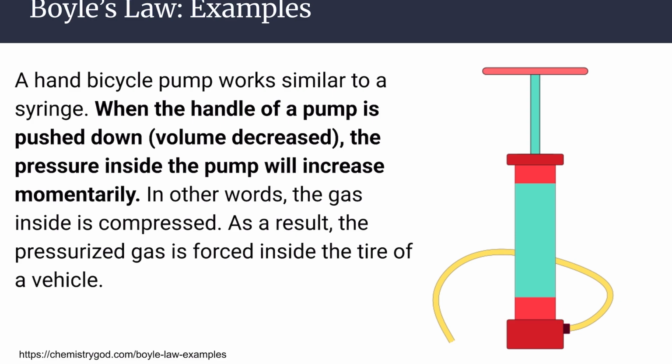When the handle of the pump is pushed down, you're decreasing the amount of volume within the pump. With less volume, the pressure inside the pump increases momentarily, and then the gas inside is forced into the air tire. So those are two examples of where we see Boyle's law and that pressure-volume relationship.